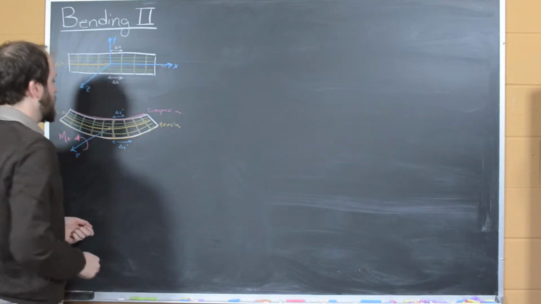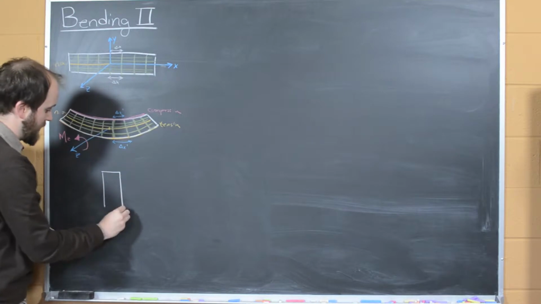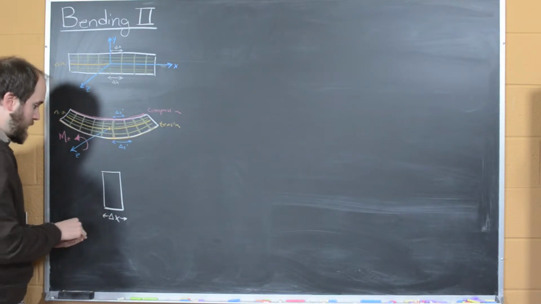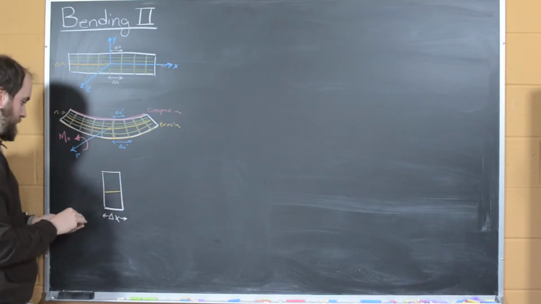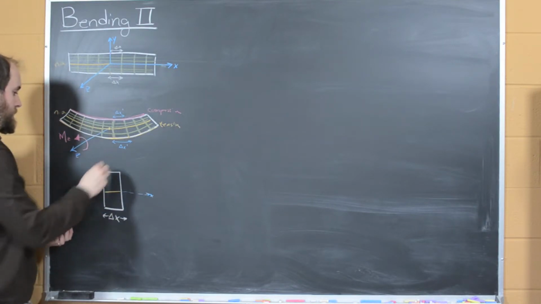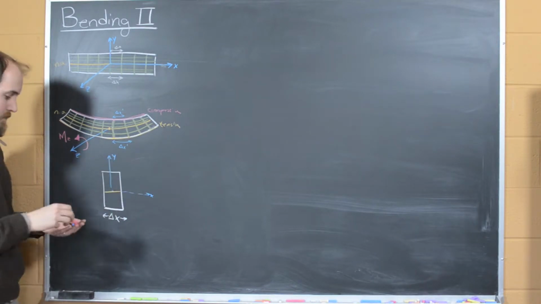And so what we can do is look at that delta x segment of our beam. So here's an element delta x, and our neutral axis will run here in the x-axis. From the centroid we'll go up the y-axis.